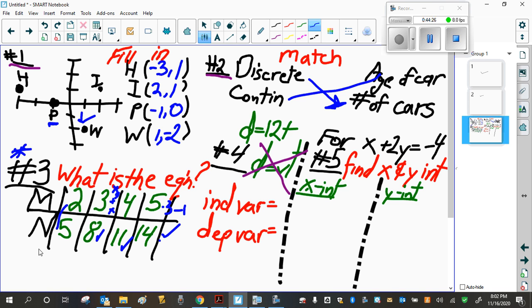Okay, so that's how many nacho cheeses the muchachos eat. So multiply by 3 and subtract 1. Is it that one? Or that one?